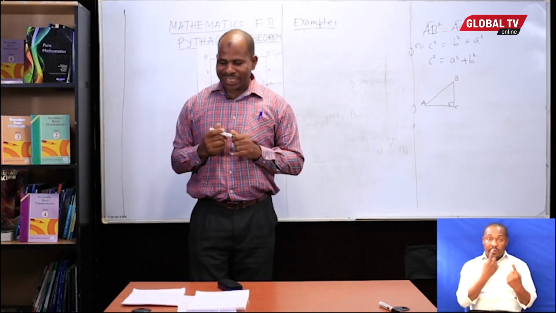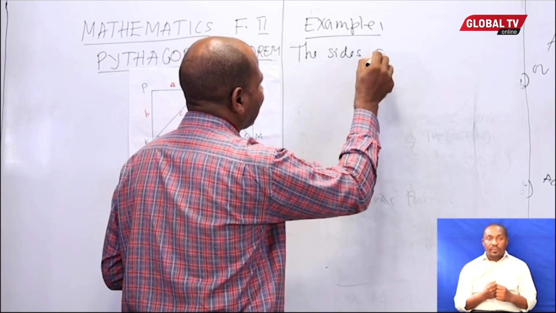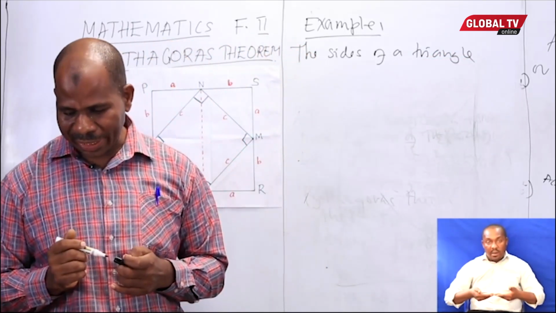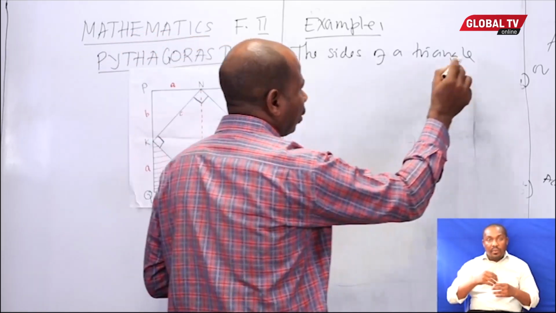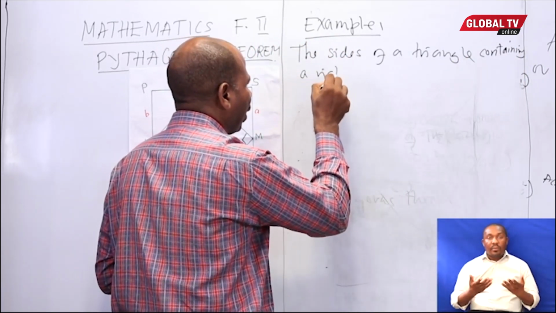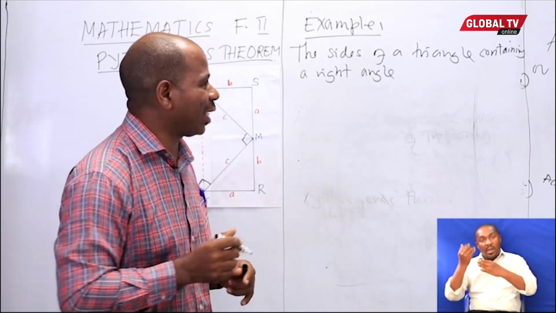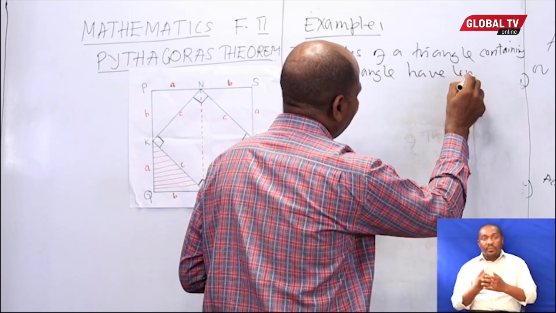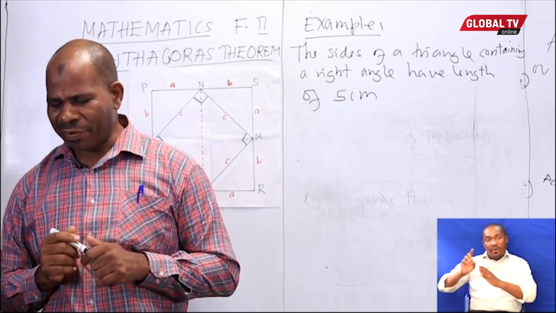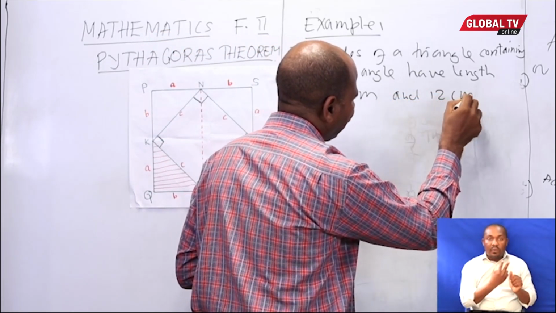The example says, the sides of a triangle containing a right angle have lengths of 5 centimeters and 12 centimeters.